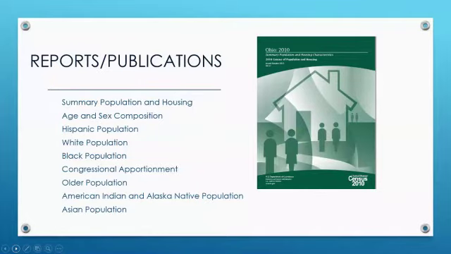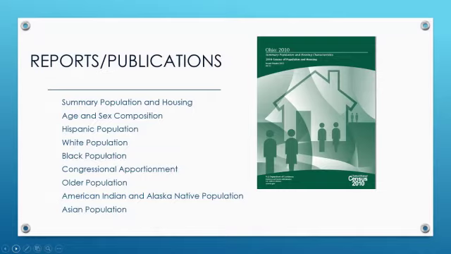So when I say that they only use this information for statistical purposes, it's because they do these reports or publications. In 2010, they did a summary of population and housing characteristics of the people in the United States. And so what they did was they looked at, how many people, how many males between this age range live in this area?